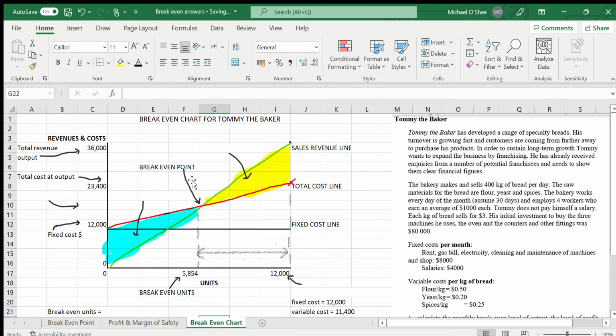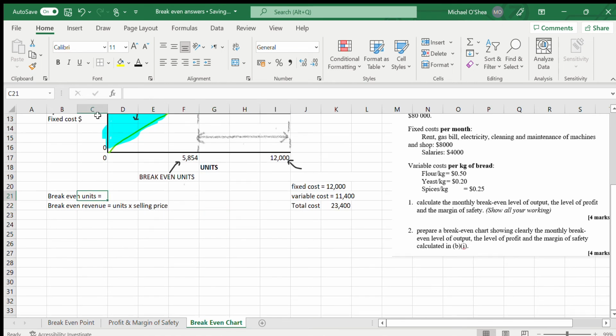This is the break-even point. Go down here, 5854. I need to show it on the costs as well. If you go across, this would be approximately the figure. You don't guess it. How much revenue am I going to make when I sell 5854?